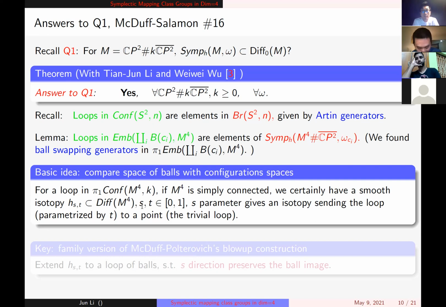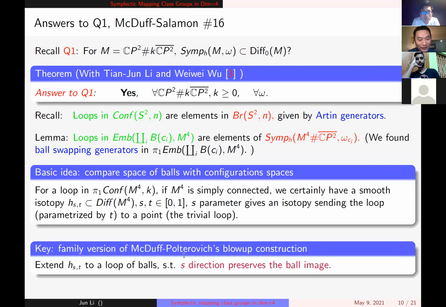Now, the difficulty is to try to extend this to the loop of balls. That means we have to preserve something in the radial direction, like the ball images. That's not for free. Somehow we have to find a trick so that the homotopy direction preserves ball images.